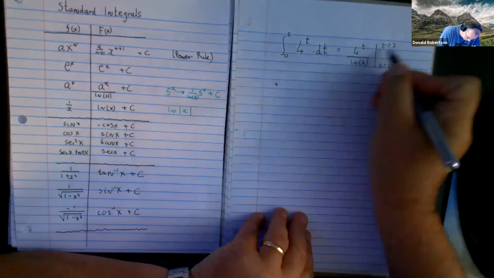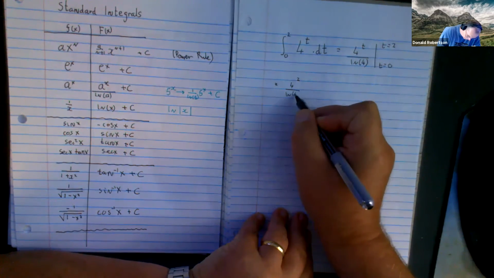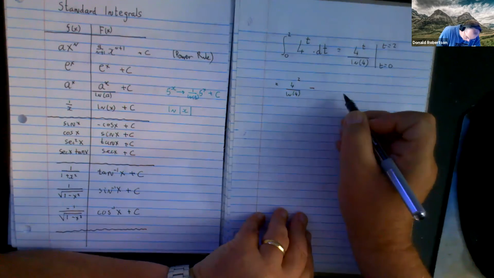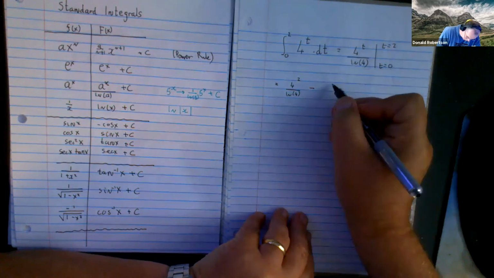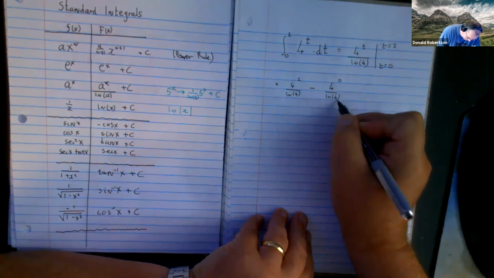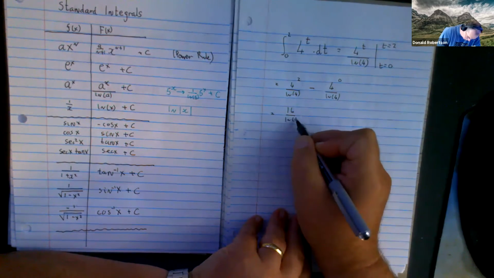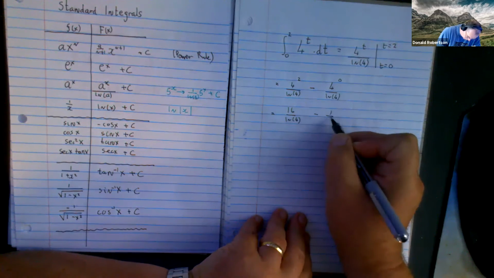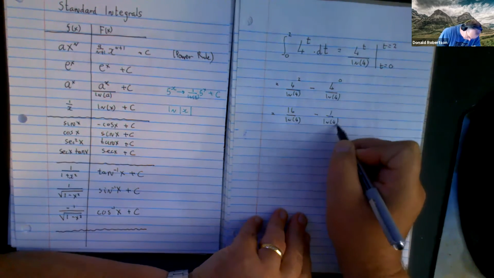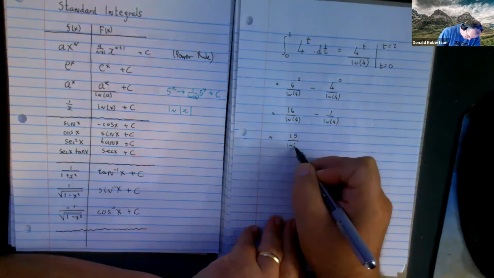You plug in 2, you get 4 squared over the natural log of 4, take away 4 to the 0 over the natural log of 4. And that's 16 over log 4, take away 1 over log 4. And that is 15 over log 4.